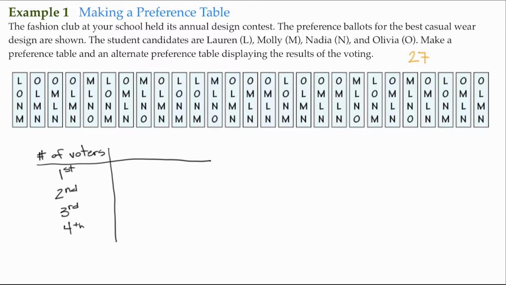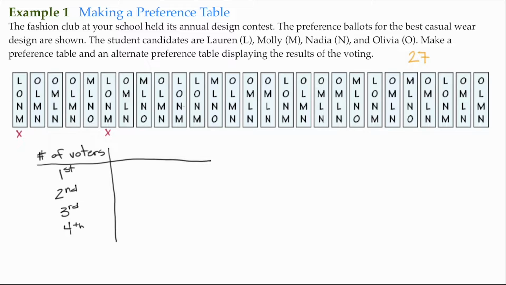So now if I start with this first ballot here, you can see Lauren was first, Olivia second, Nadia third, and then Molly fourth. And I'm just going to mark it here. This is how I'm going to keep order of it, because this is one of the ballots. But here's another one right here. So this voter ranked these four candidates the same way as this one. So there's another one here.